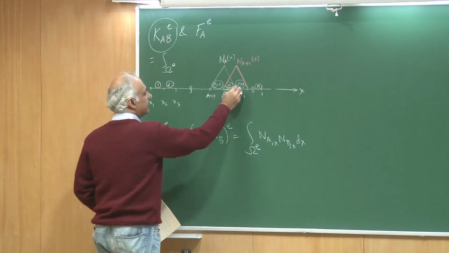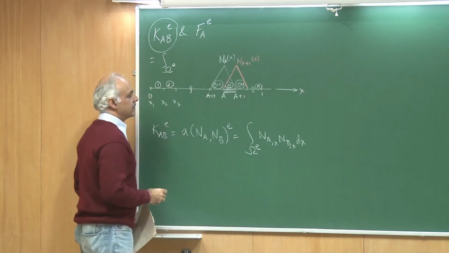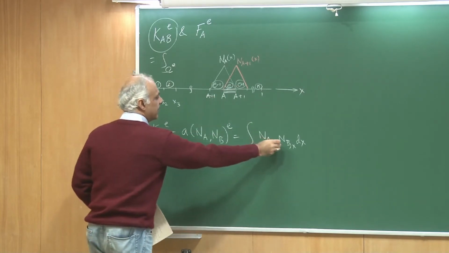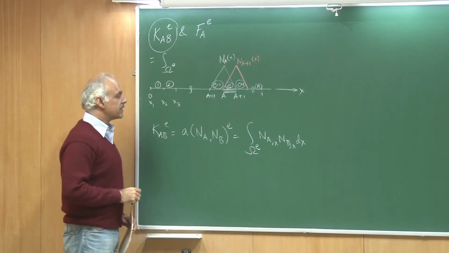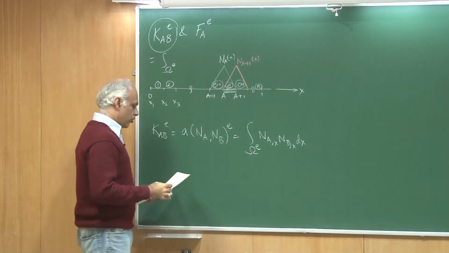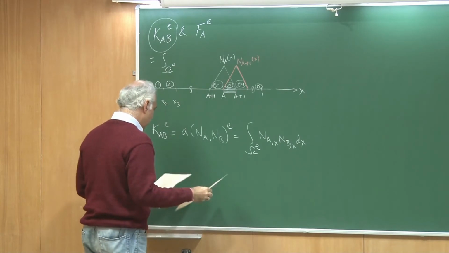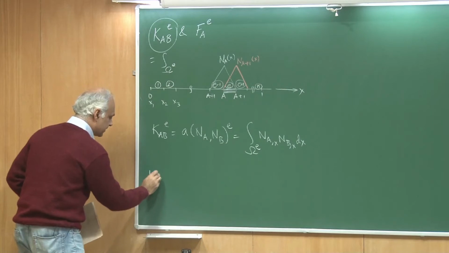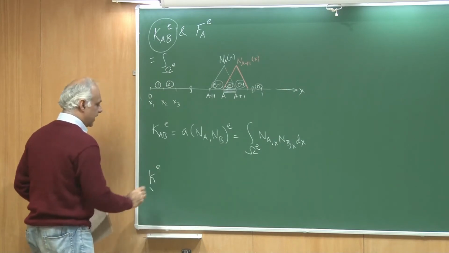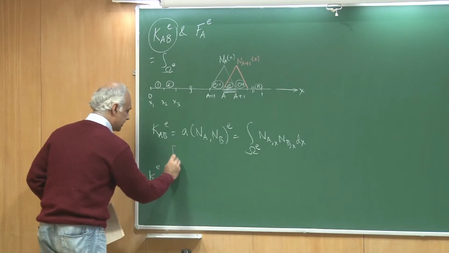If I am integrating within this domain, then the only terms that would survive are between A and A plus 1, all other terms would be 0. So, I can now write down the structure of K and it would look something like this.